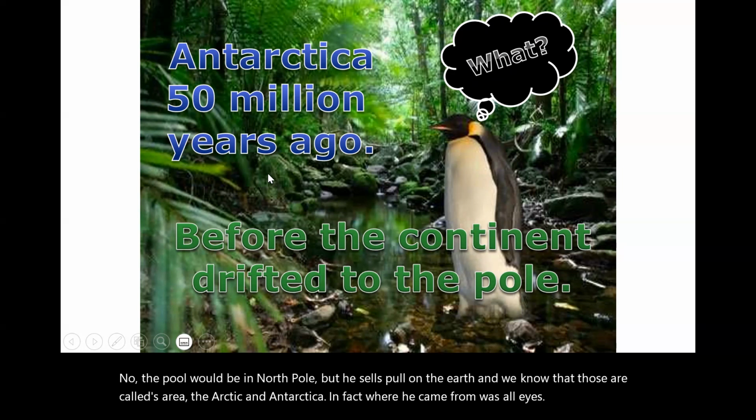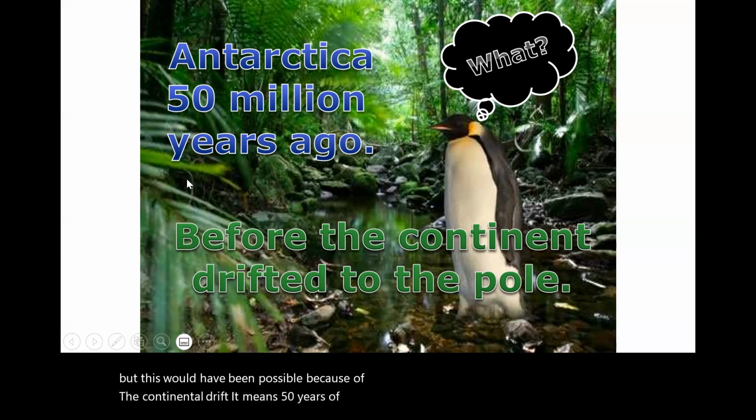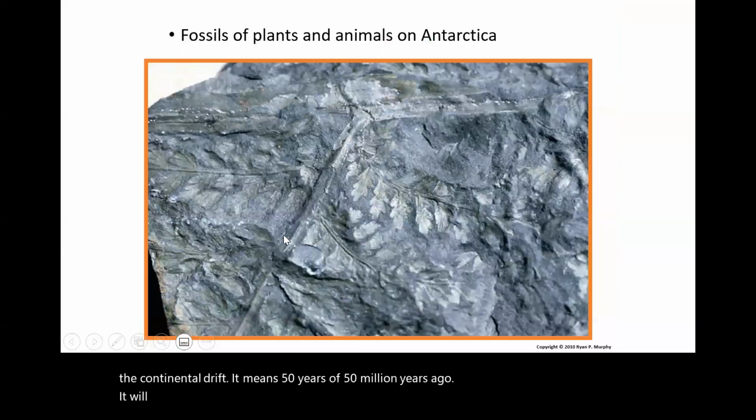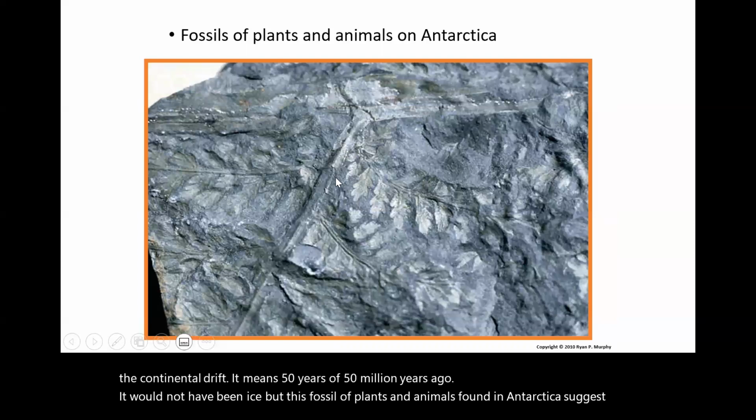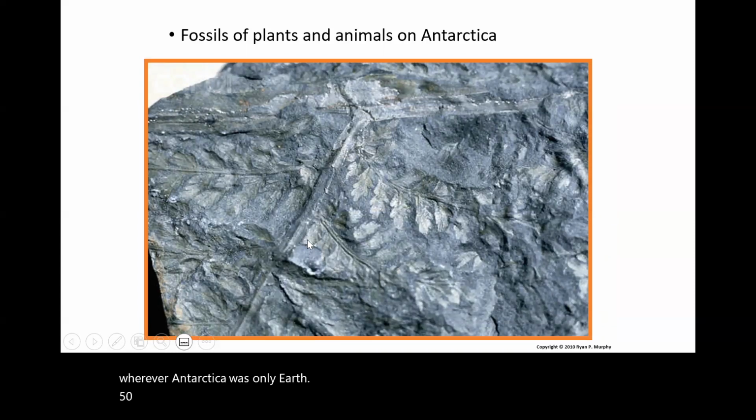But this would have been possible because of the continental drift. It means 50 million years ago, it would not have been ice, but this fossil of plants and animals found in Antarctica suggests that wherever Antarctica was on the Earth 50 million years ago, it was possible to maybe have a rainforest type environment.